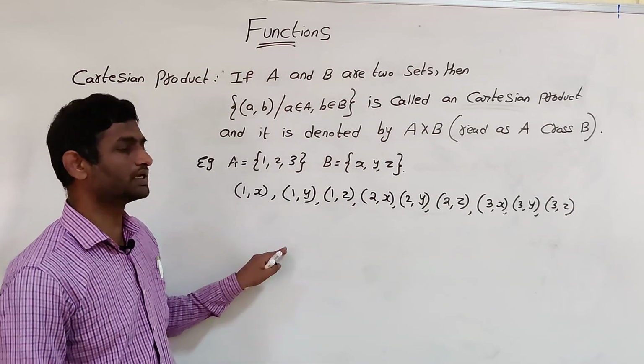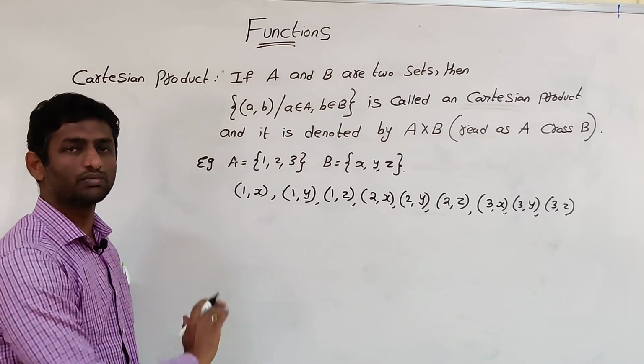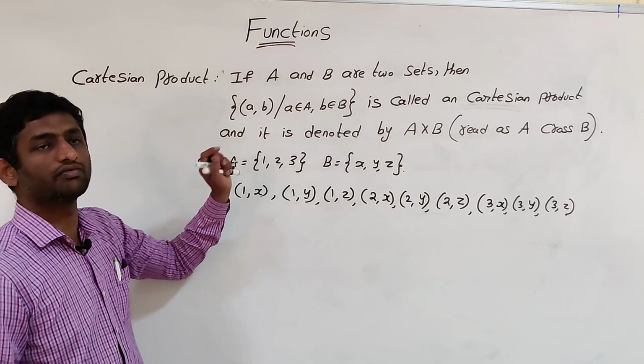Now the set of all possible ordered pairs is called the Cartesian product. From where to where?